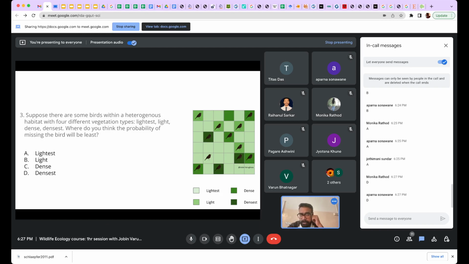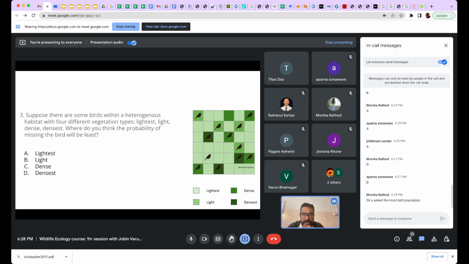Monica and Aparna, I don't understand why you changed the answer. Did I say something wrong, or did you understand something wrong? The question that I'm asking is, in which vegetation type is the bird most easily seen?